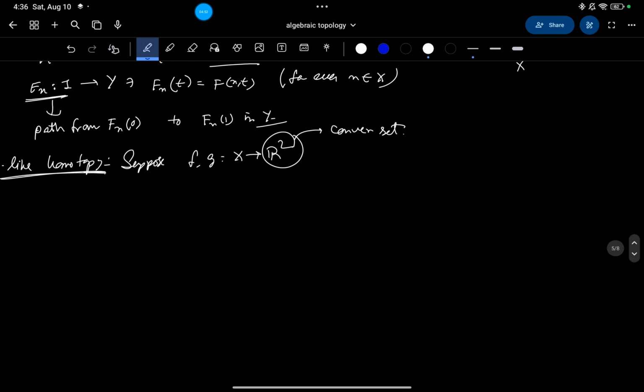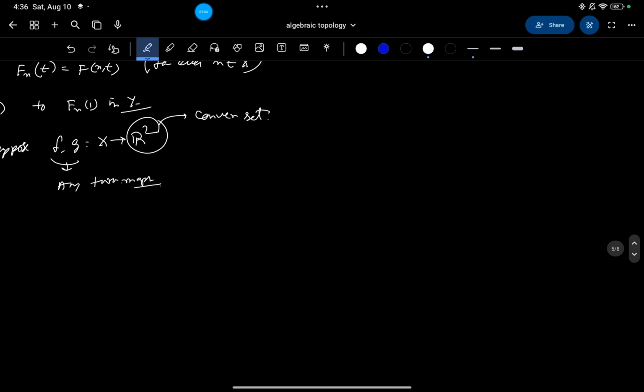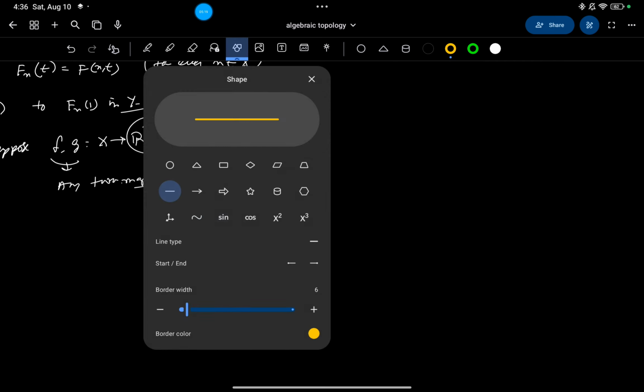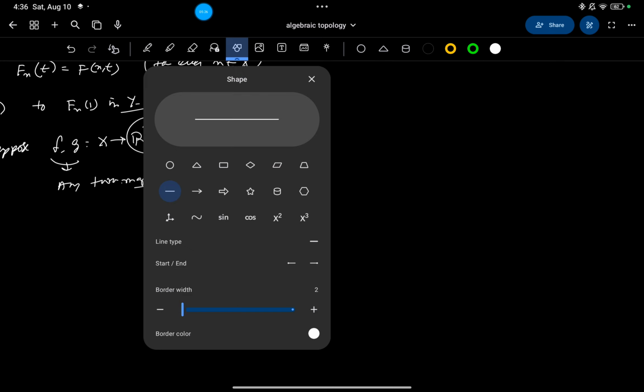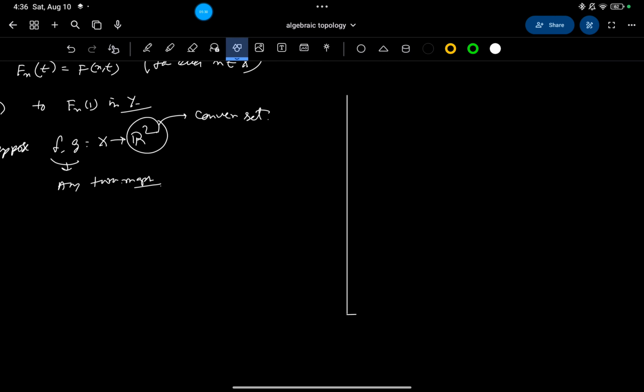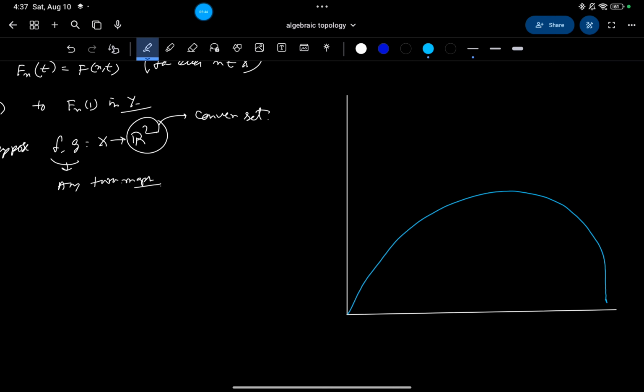So if you have these two maps, and let's say they are any two maps, then you can define the homotopy between f and g in this way. Suppose this is my R2 plane, and let's say one curve is like this and another one is like this.